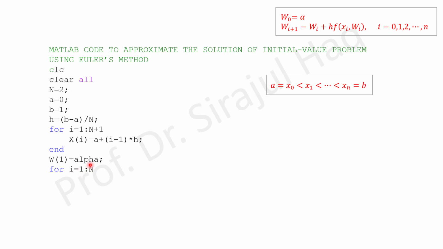because when I substitute i is equal to n, I am getting wn plus 1. Remember, when starting from 0, wn plus 1 is not there, so I will say this is minus 1.